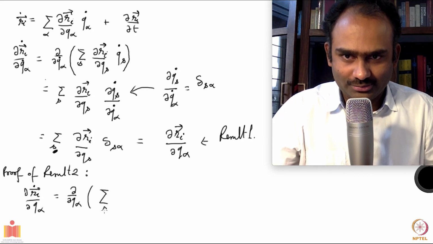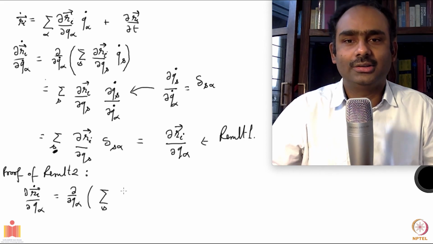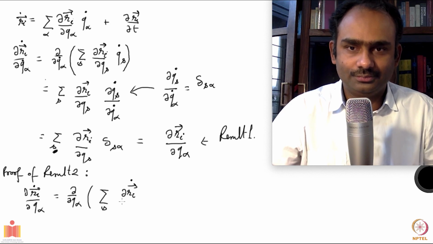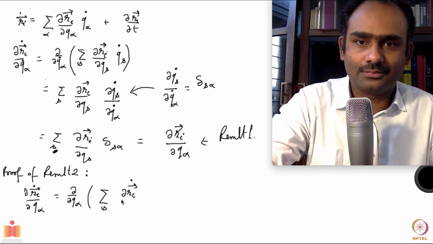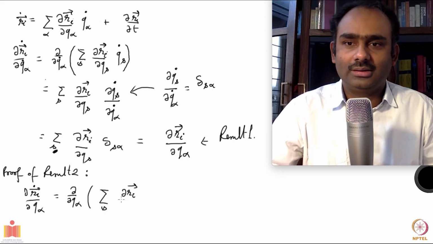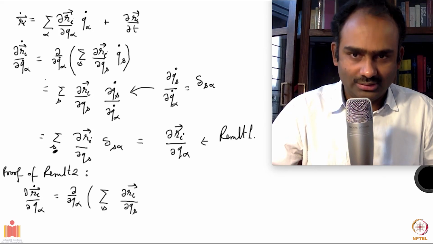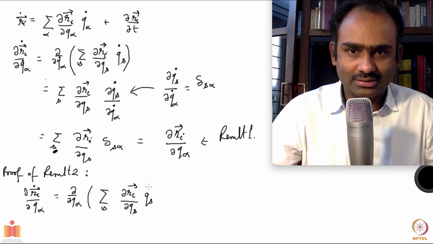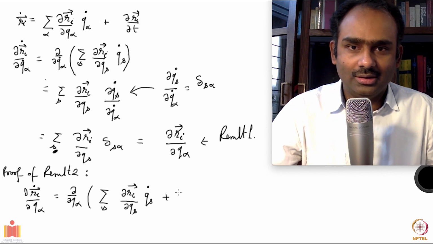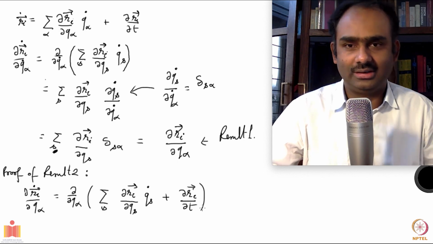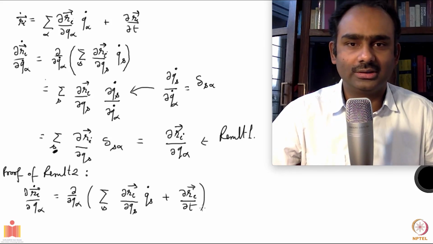It is the summation over S of del Ri over del Q S times Q S dot, plus del Ri over del t. Correct, that is absolutely correct.